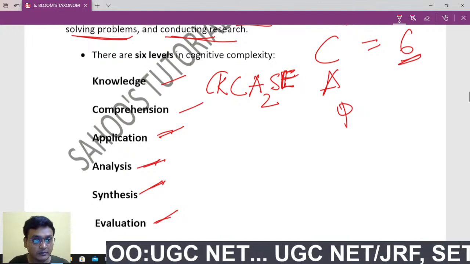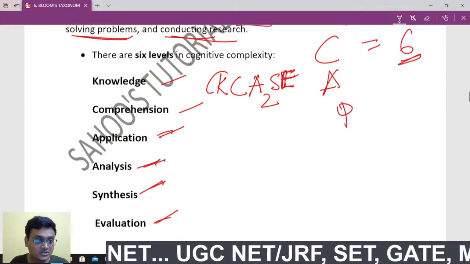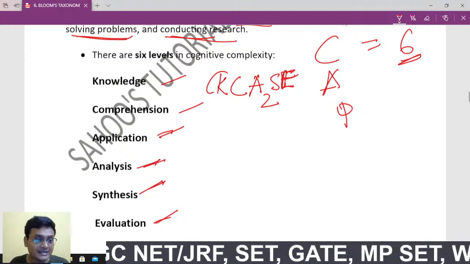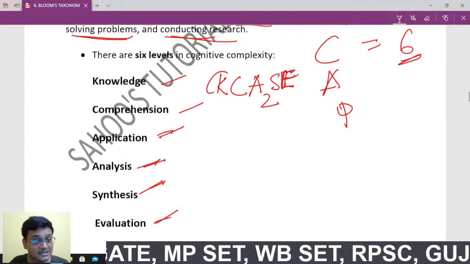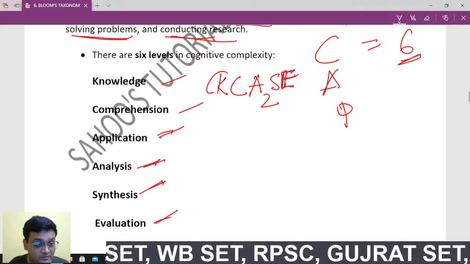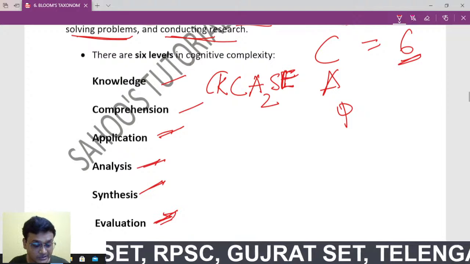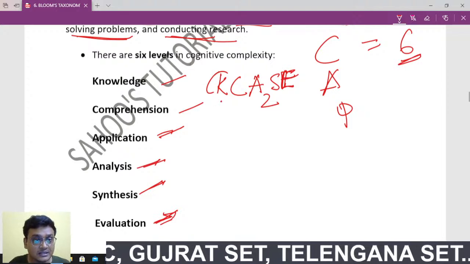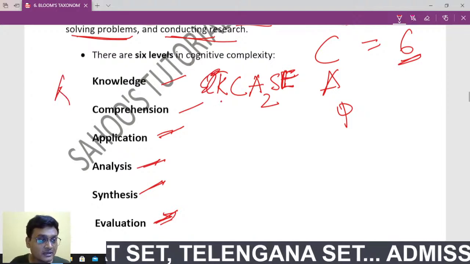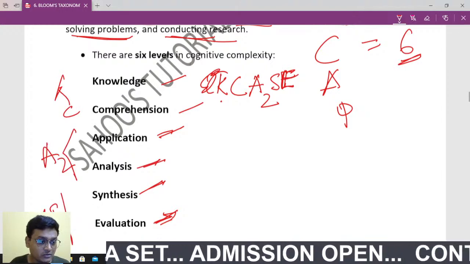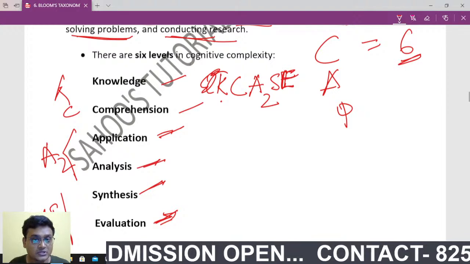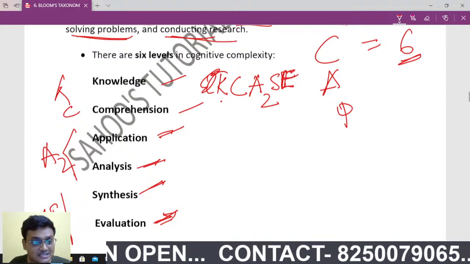After breaking into parts, you are making constituent parts and synthesizing, making it a whole, and then evaluation. This is the highest level of thinking. So this is how you can remember the 6 cognitive levels.